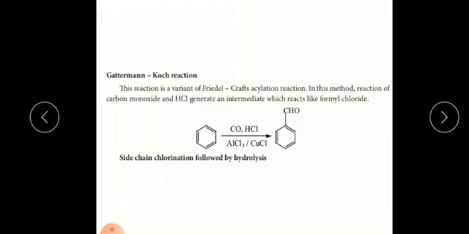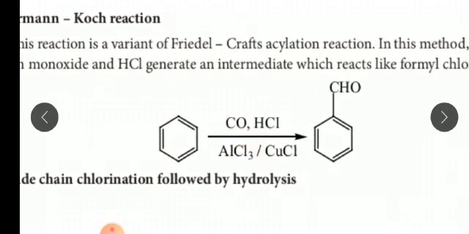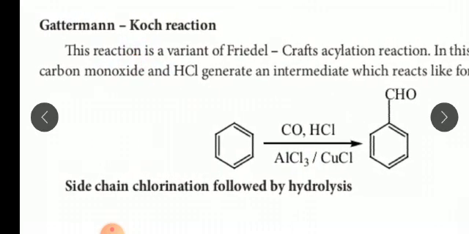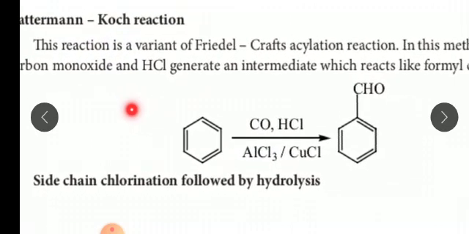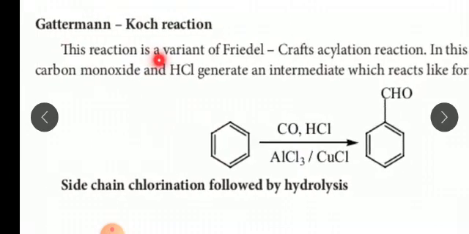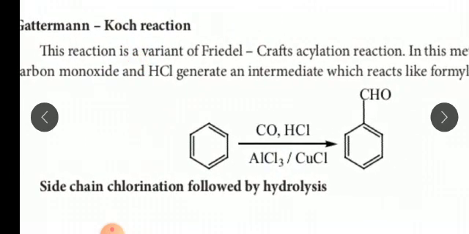Next we are going to see the preparation of benzaldehyde by another method. This is the Gattermann-Koch reaction. This is also an important naming reaction. This reaction is a variant of the Friedel-Crafts acylation reaction. See here, we have taken the benzene compound and along with that CO and HCl. These generate an intermediate first, which reacts like formyl chloride.